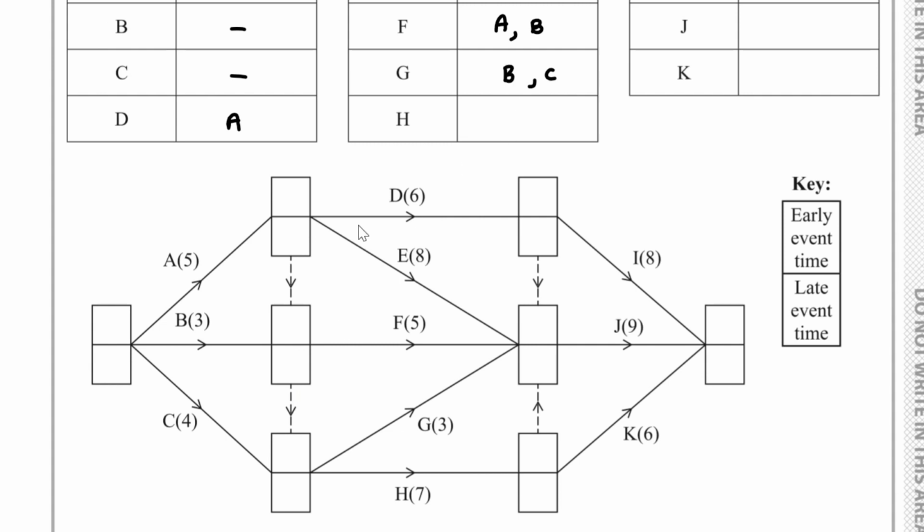Now, we can't move on to do G unless A has also completed, and that's indicated by this dummy over here. So G depends on A, B, and C. And the same is true for activity H. We have A, B, C.